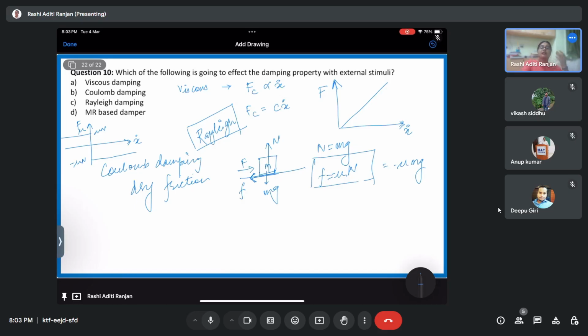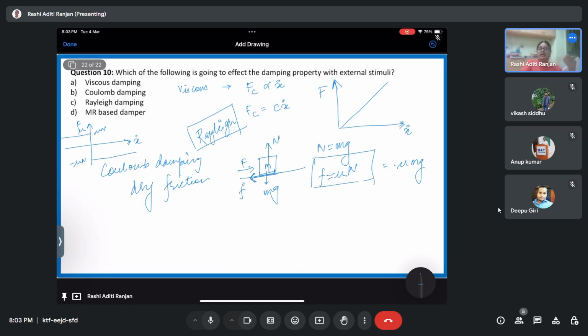So we can give a more relaxed, better experience to the one who is driving the vehicle, right? In case of an MR based fluid or elastomer, as we change the magnetic field, it changes the direction of the magnetic particles.